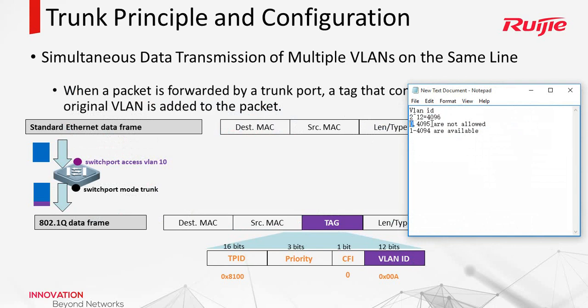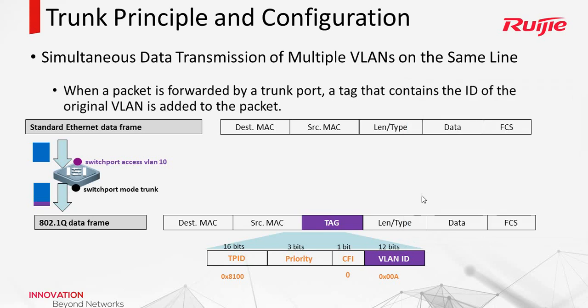The first VLAN and the last VLAN are not allowed, so we can use 4094 VLANs in one switch. Here, the VLAN of the port that receives the standard Ethernet data frame is the VLAN ID specified in the access command.